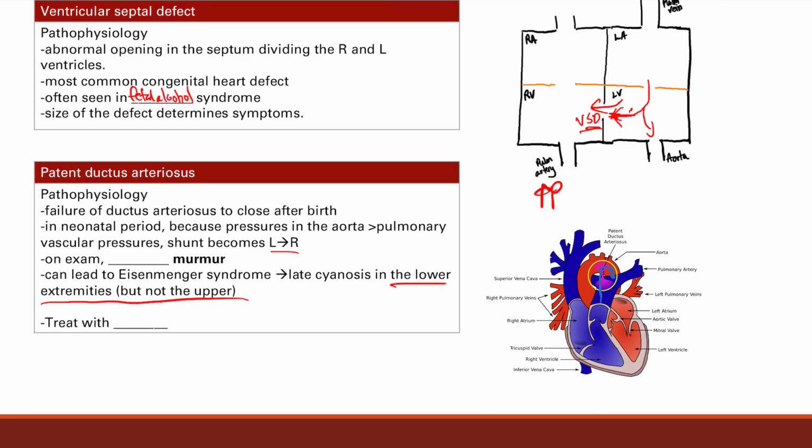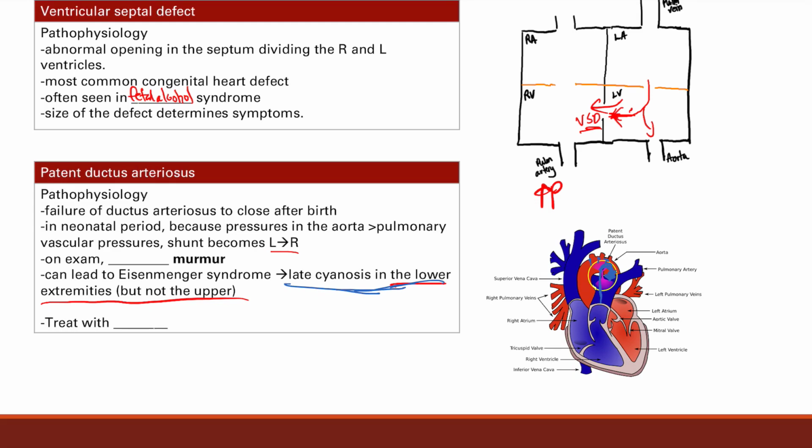Now this is the descending aorta, and the descending aorta is going to feed your lower extremities, but it does not feed your upper extremities. What feeds your upper extremities are these branches of the aorta up here, the brachiocephalic trunk, the carotid arteries, etc. So your deoxygenated blood is not going to go up there. It's going to come out the PDA, and it's going to go down to the descending aorta into the lower extremities, and that's why you see this characteristic finding.